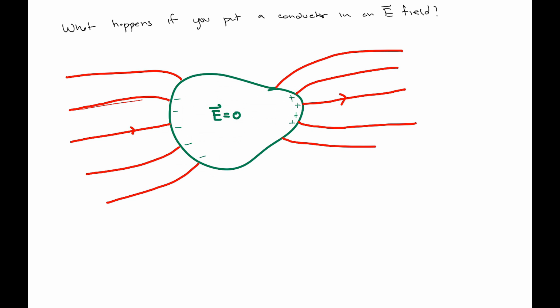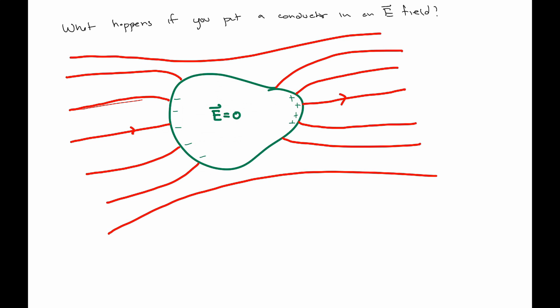Some field lines are just going to go around, like a pebble in a stream, except our stream is going to directly intercept my conductor. Inside, the electric field is zero; outside, the electric field is modified by the presence of the conductor.